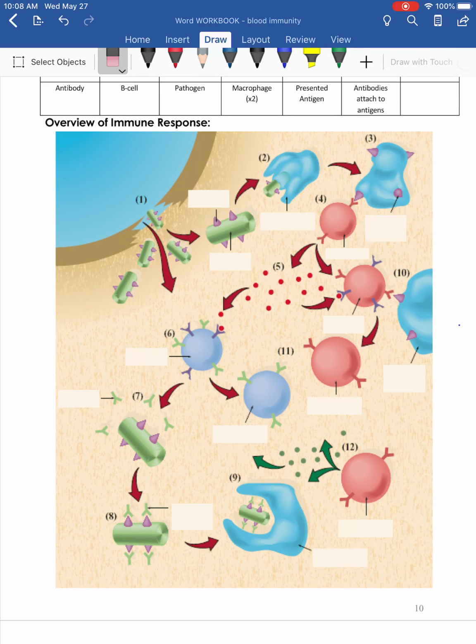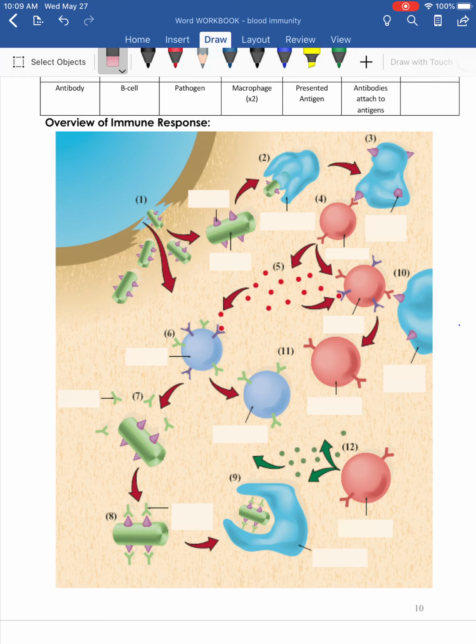And if the response from the second line of defense, the macrophages and neutrophils, is not strong enough, our body could purposely develop a system-wide defense of the fever. So remember, the fever is a defense mechanism. It is a sign that we're sick, but it's the body's way of resetting our thermostat to a higher temperature, because bacteria and viruses can't really survive at that higher temperature as well.